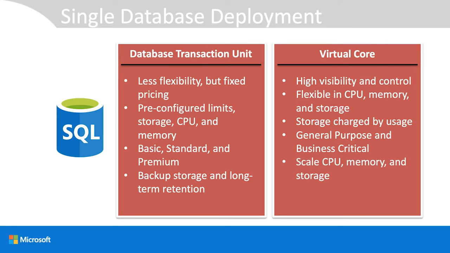In the vCore model, you can scale your CPU, memory, and storage as needed, so that means it offers the scalability and the elasticity that cloud users are used to. And finally, like the DTU model, the vCore model provides backup storage and long-term retention for an additional cost.